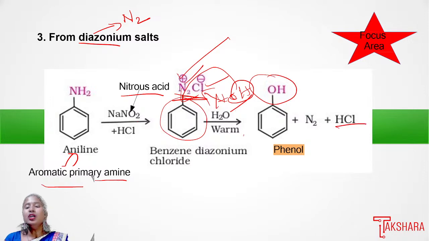It is removed as HCl and N2 is removed as nitrogen gas. So the final product is phenol.